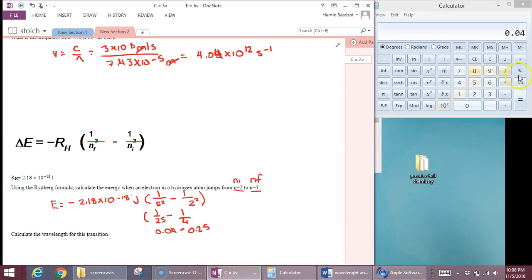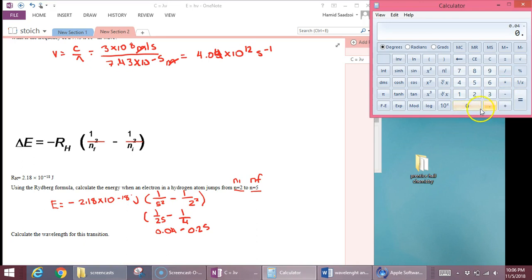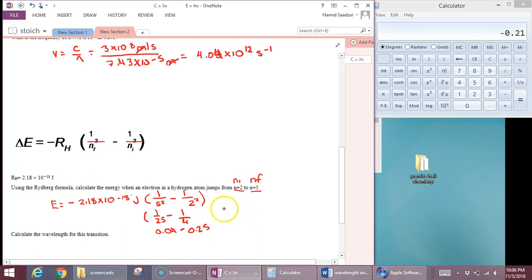That's what 1/4 is. So minus 0.25, and we get a negative number, which is what we expect in this. So taking this over, so negative 2.18 times 10 to negative 18 joules times negative 0.21.